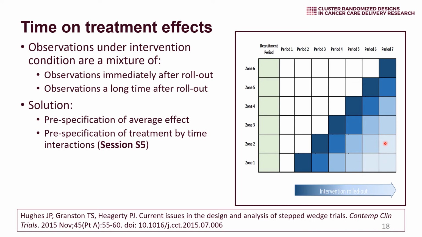So these observations down here have been collected sometime after that cluster has transitioned to the intervention condition. And this might have an impact if the intensity or the effect of the intervention either increases or decreases over time.